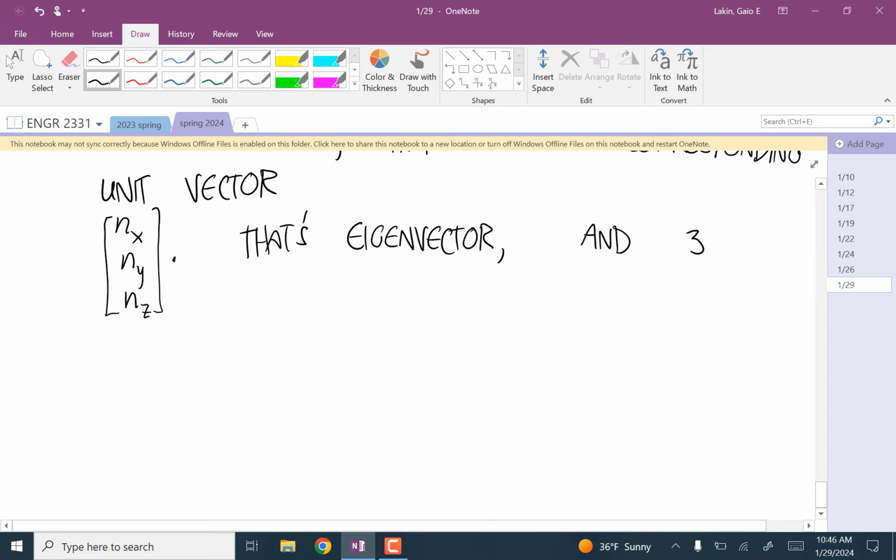And the 3 eigenvectors give you your principal coordinate system orientation, because those are the axes corresponding to the faces.